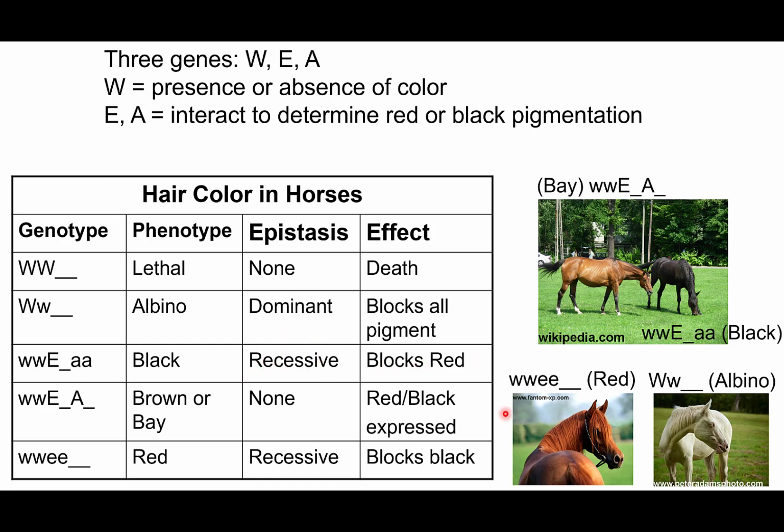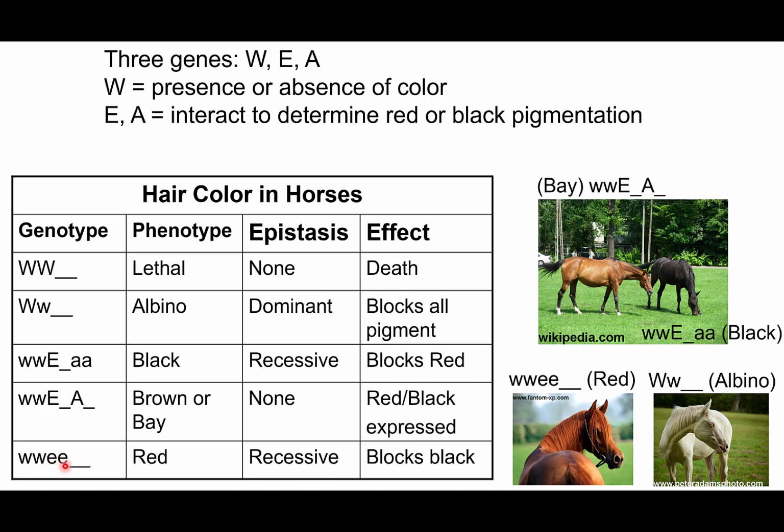It blocks the red coloring. If we have a dominant allele for both the E and the A, then we'll be what we call either brown or bay. The bay is where we have these black points and tail. Brown would be completely brown. But this is what we get. The black isn't expressed and the red isn't expressed.